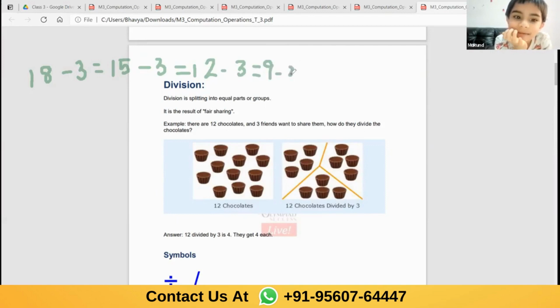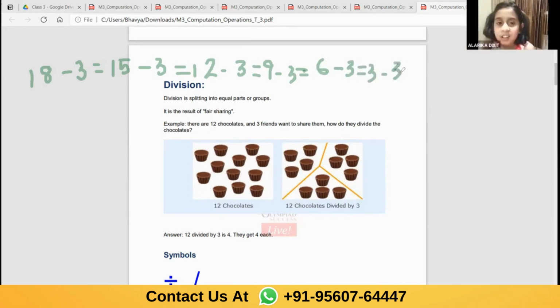Then 0. So in order to reach 0, how many times did you subtract 3? Ma'am, 10 times. No. Count. Don't just guess 10 times out of thin air. Alarika, 5 times.